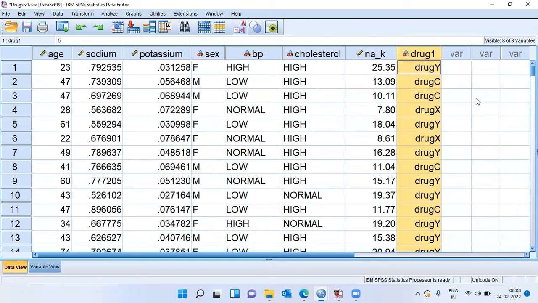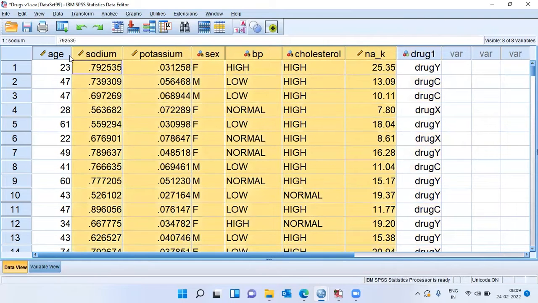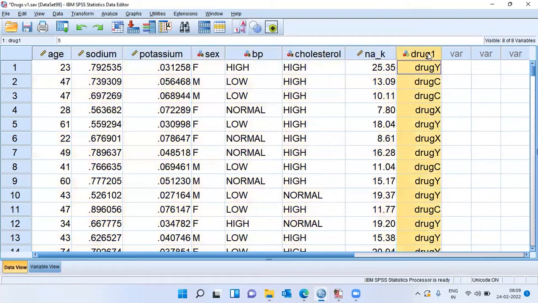Now, in this particular data set, I have the drug variable, which will be the dependent variable, and all the other variables will be my independent variables. Since I have a dependent variable, I will be using a supervised learning technique. In supervised learning, we have a dependent variable and a set of independent variables.